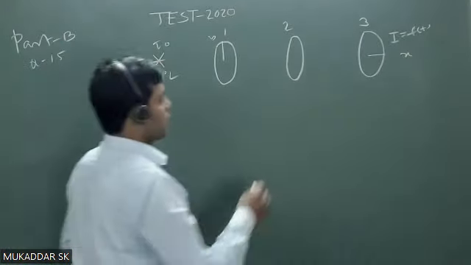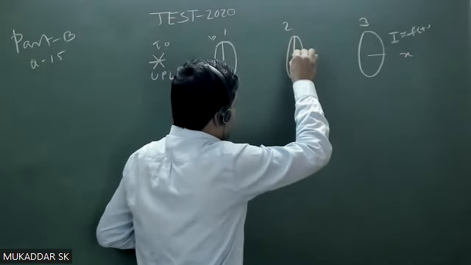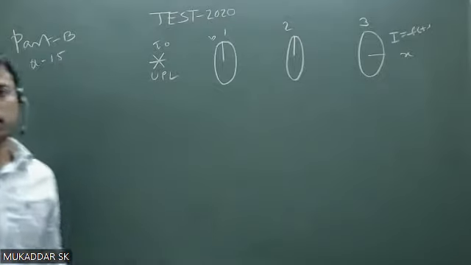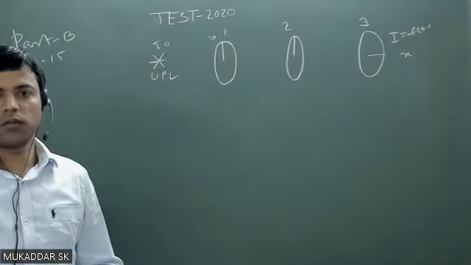Well, let us assume that the pass axis of this polarizer is initially along the y-axis, or parallel to the first polarizer.